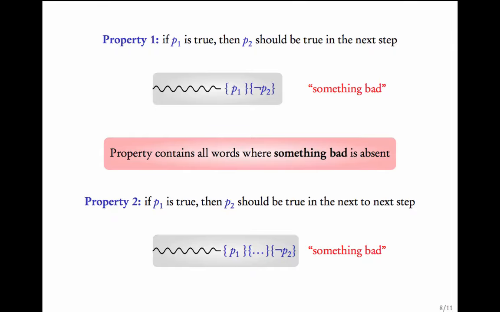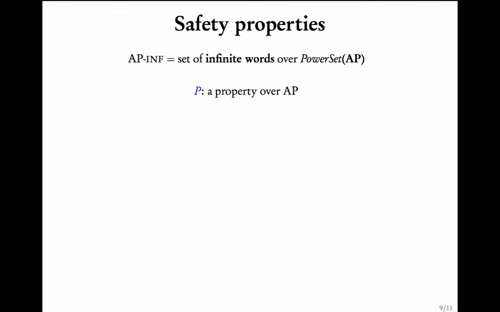And this property contains all the words where something bad is absent. Essentially, this property contains all the words which do not start with a bad pattern. This is the characteristic of safety properties.